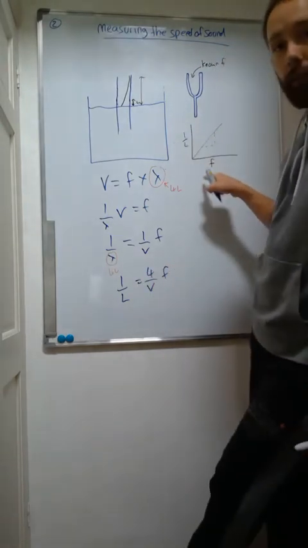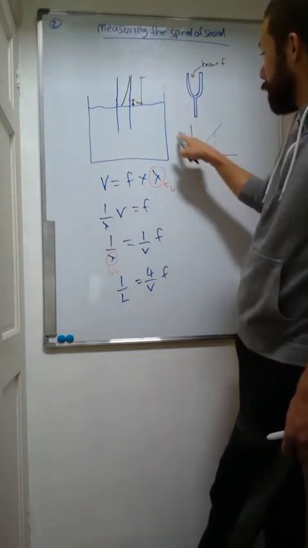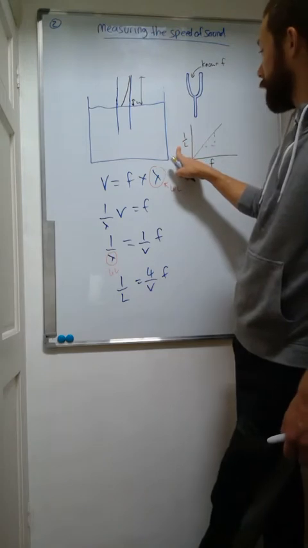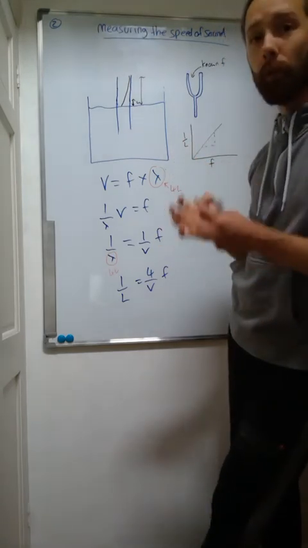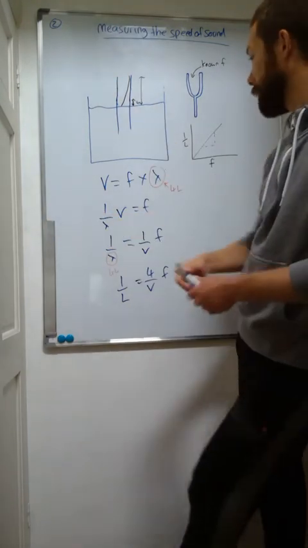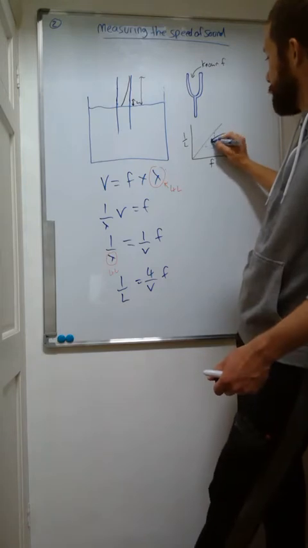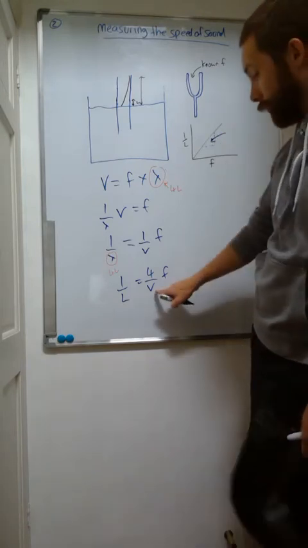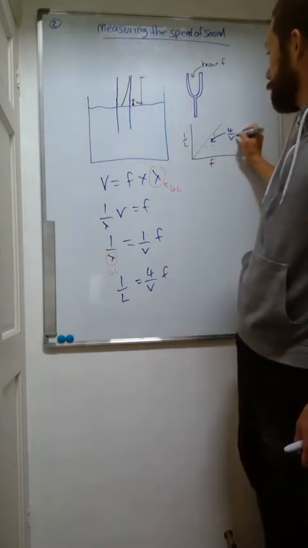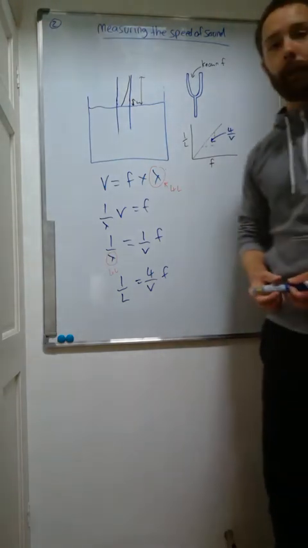So if you plotted this graph with different frequencies on your x-axis and 1 over L on your y-axis, this is all assuming that we could find the fundamental and that it wasn't a third or fifth harmonic, then the gradient of this line is going to be 4 over v. So we can calculate the speed of sound based on this.